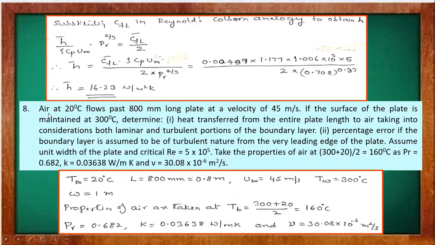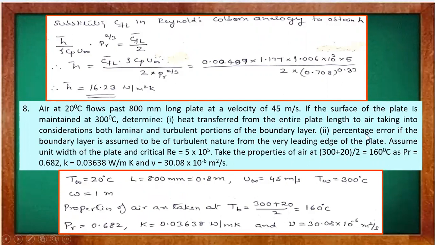Then the next problem: air at 20 degrees centigrade flows over a flat plate of 0.8 meter length. So T infinity is 20 degrees centigrade, length is 0.8 meters, with a velocity of 45 meters per second. If the surface of the plate is maintained at 300 degrees centigrade, determine the heat transfer from the entire plate length, considering both laminar and turbulent portions of the boundary layer.